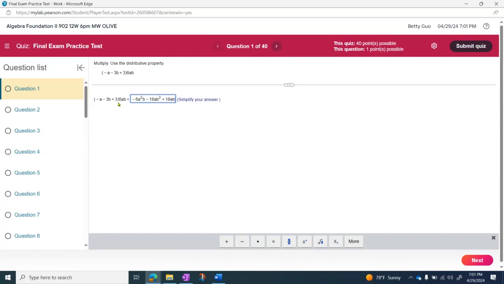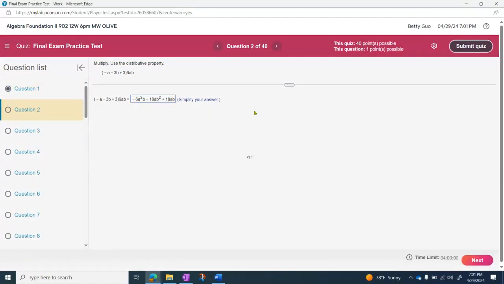Let me double check. Negative 6a squared b minus 18 ab squared plus 18 ab. Okay, that's correct. Next.